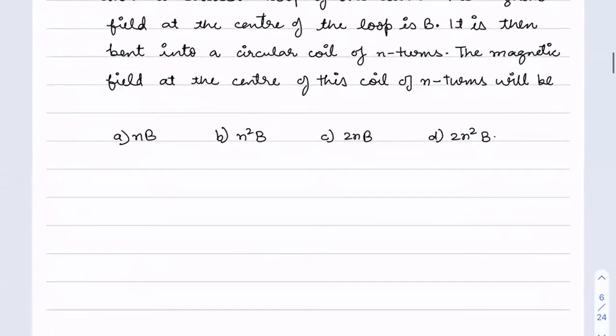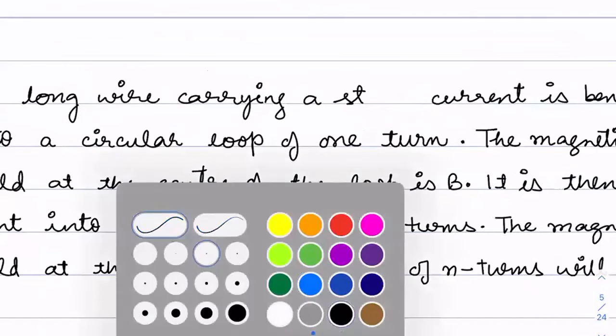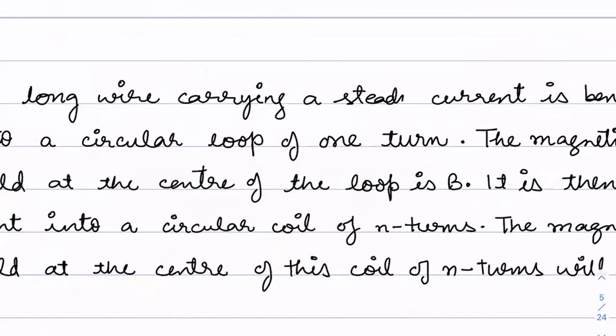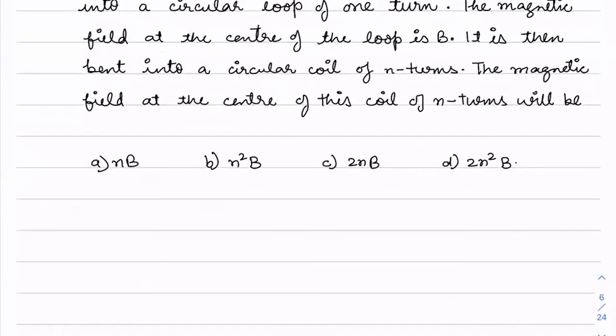Okay. So just see this question now. A long wire carrying a steady current is bent into a circular loop of 1 turn.